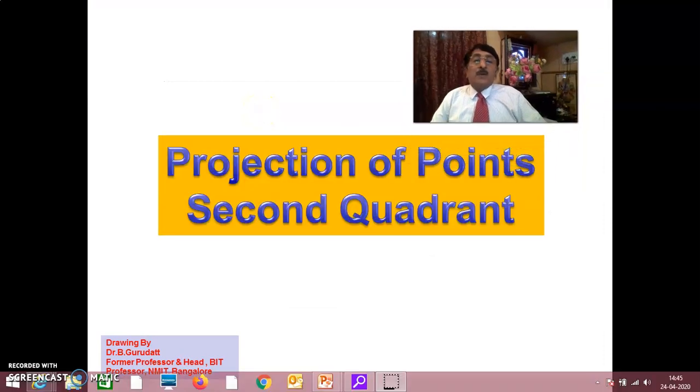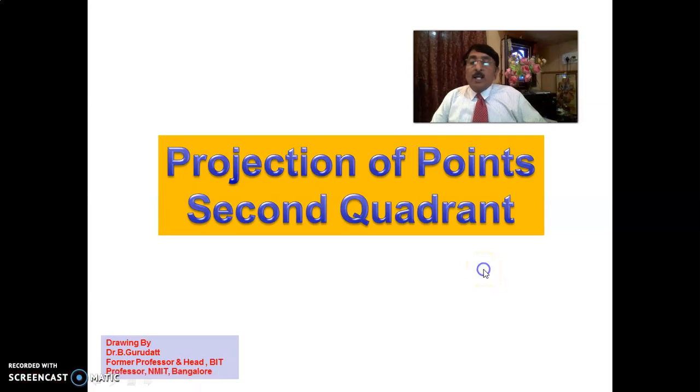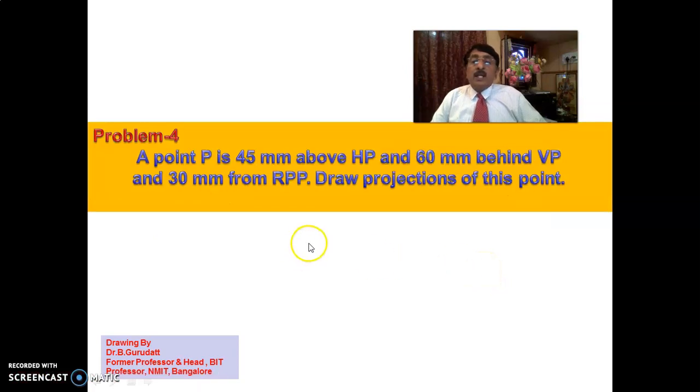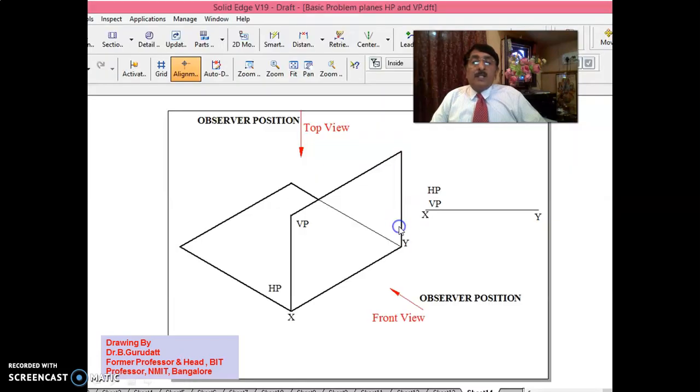Now, projection of points in the second quadrant. I just introduced the second quadrant. See here, the second quadrant is this. Your front view direction is this. Top view direction is this. Right direction, left direction, all that, let it be there. Once it is this direction, the points are located in this space.